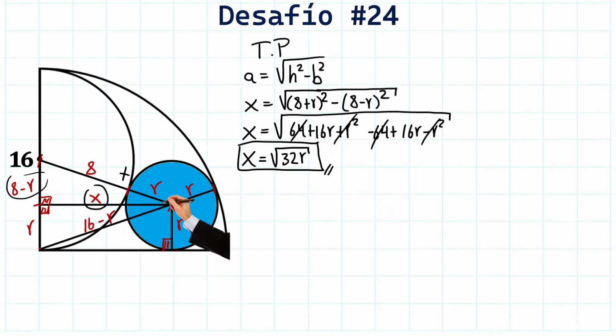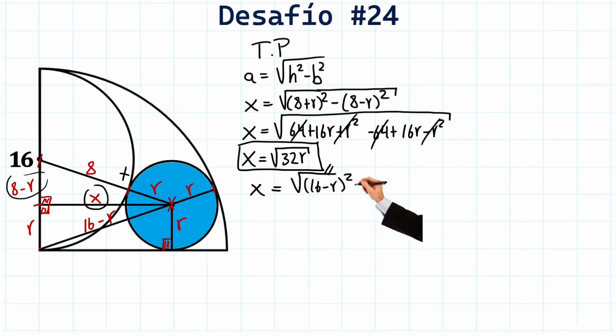Now pay close attention to this other triangle over here. We also have 2 of its sides and we can find x again. So we're going to use the formula with x. x will be equal to the square root of the hypotenuse squared, and in this case, the hypotenuse is 16 minus r. Let's note this, and this squared minus the other side, which is r squared. Spectacular. Now let's resolve this binomial squared.